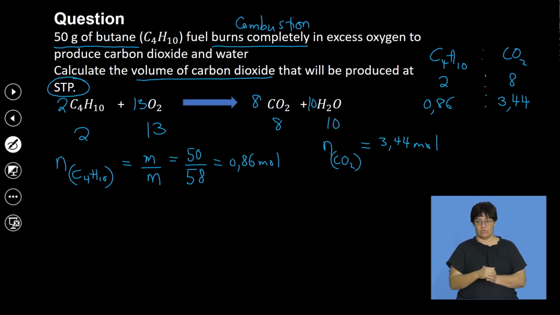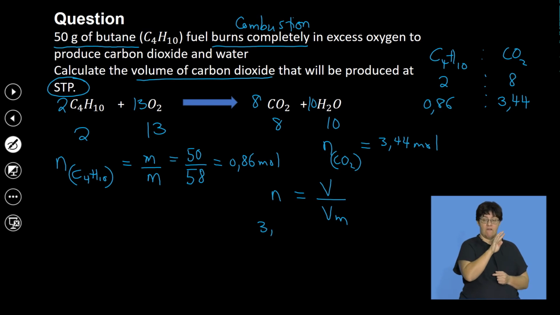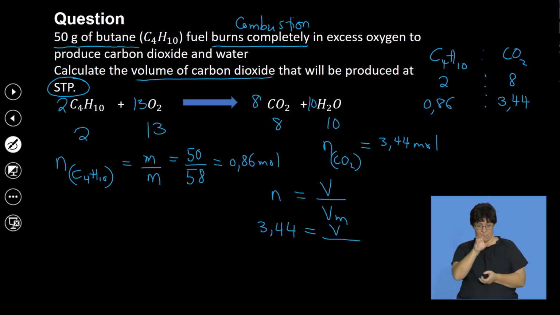So moles is equal to volume over molar gas volume, right? Now, to determine the volume of carbon dioxide gas, we say 3.44 moles is equal to the volume that it will occupy divided by the molar gas volume, which is 22.4 cubic decimeters, right?